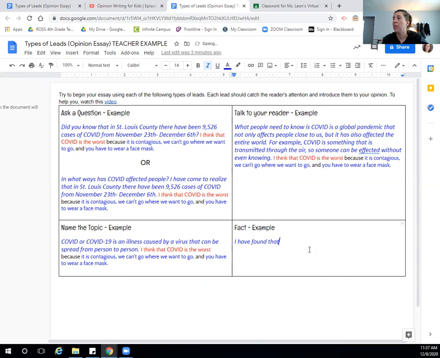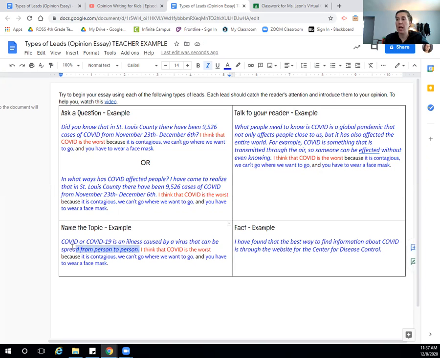I have found that the best way to find information about COVID is through the website for the Center for Disease Control. And then I'm going to add in another fact that I have found from that website.